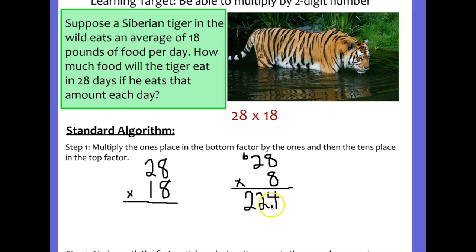So my first partial product here is 224.